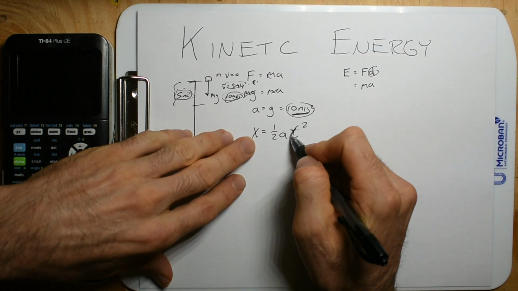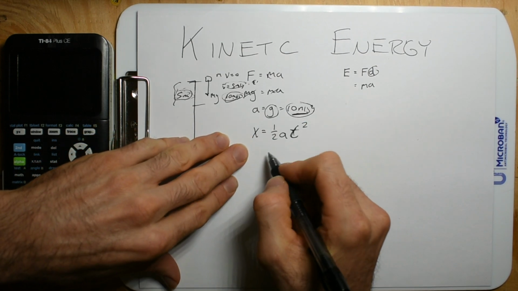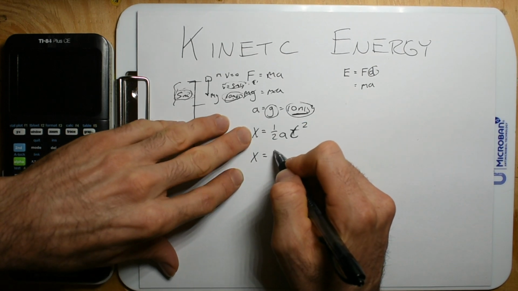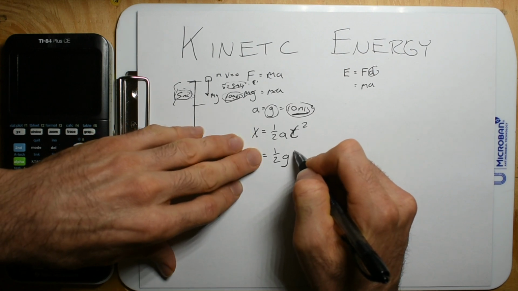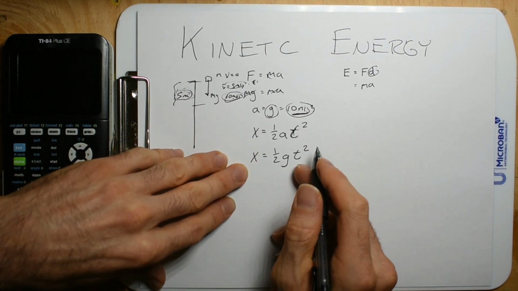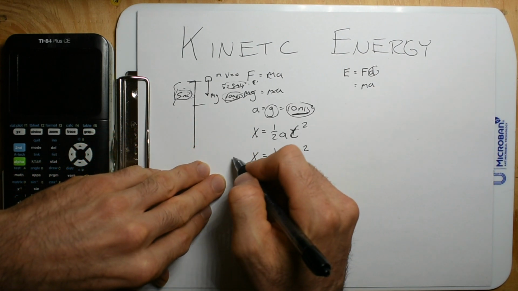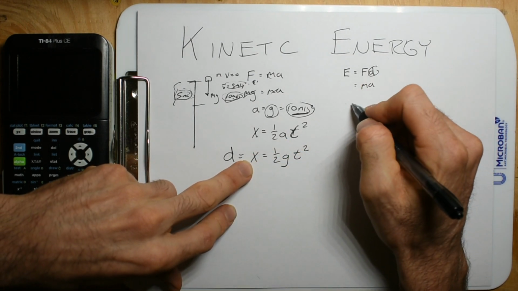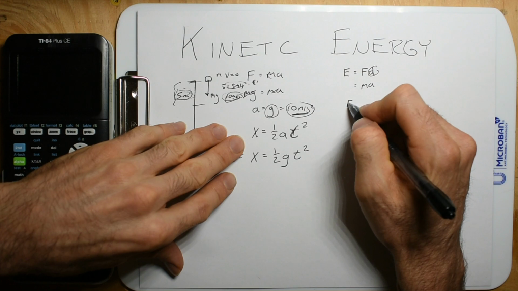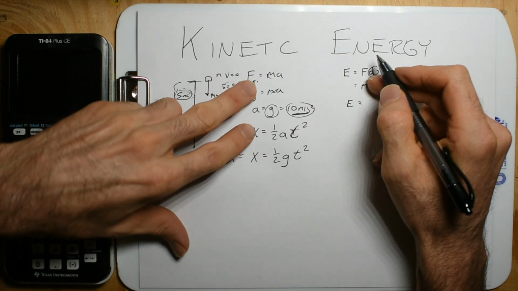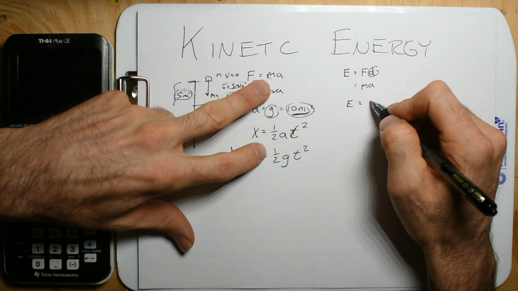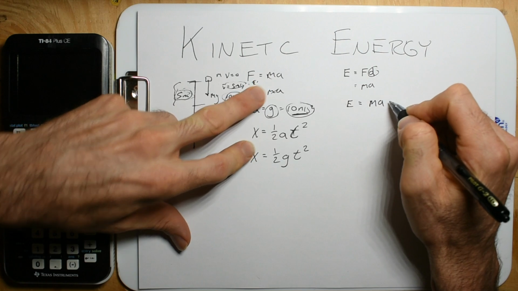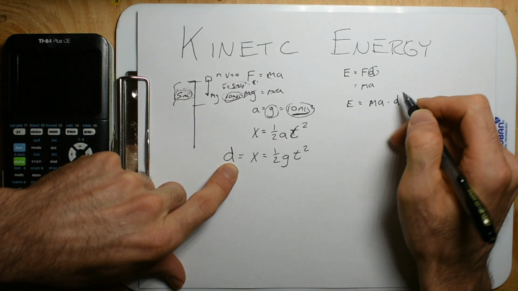Okay, so generically we have this, and our acceleration was g. So sweet, our equation is just 1/2 g t squared. Okay, hell yeah, so that will be our distance. And then our energy is going to be our force, which is mass times acceleration, times this distance.